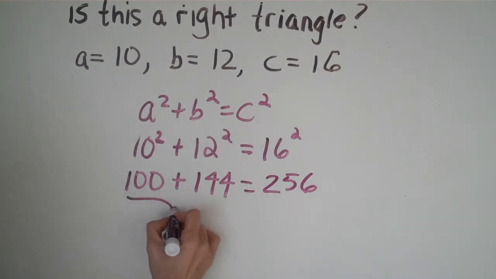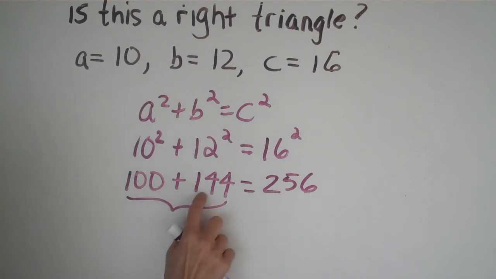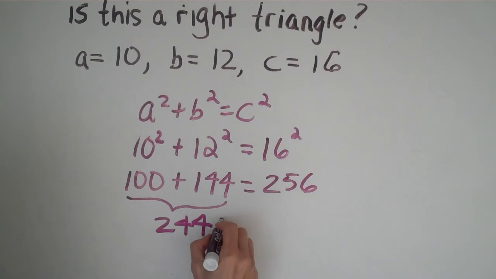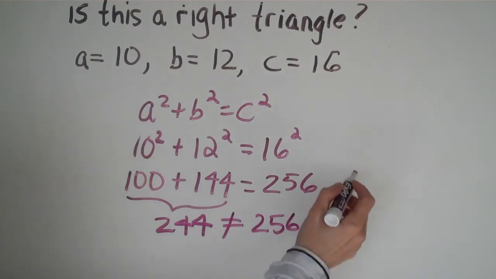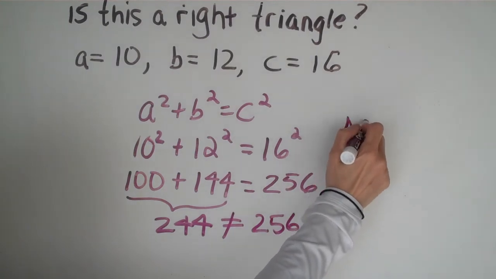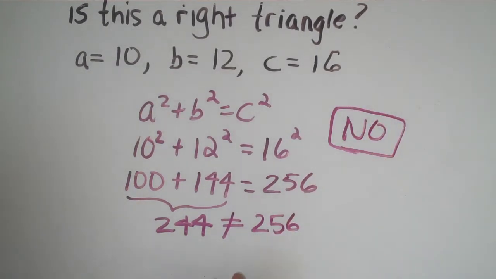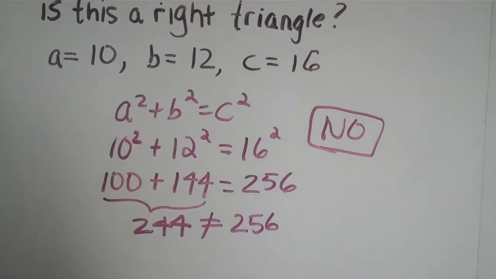Now if I add these two numbers together, 100 plus 144 equals 244. And 244 does not equal 256. So is this a right triangle? Your answer is no, not a right triangle, because these two sides do not equal each other. If they did, it would be a right triangle according to the Pythagorean theorem, but it doesn't. So it is not. There you go.